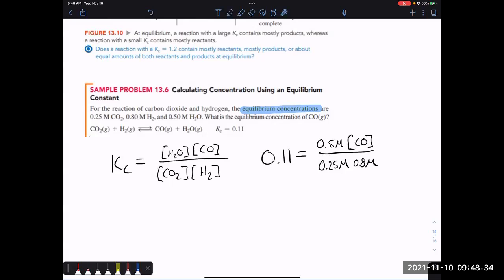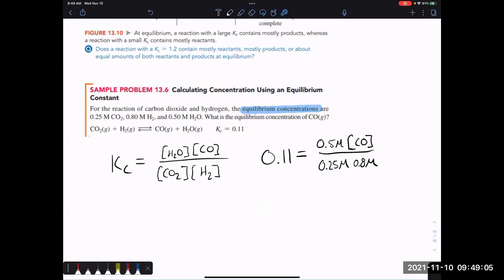So now we just need to solve for carbon monoxide. And as always with algebra, there's multiple ways you could do this. I'm going to do 0.25 times 0.8. Now I'm going to do 0.5 divided by that answer. It's 2.5.